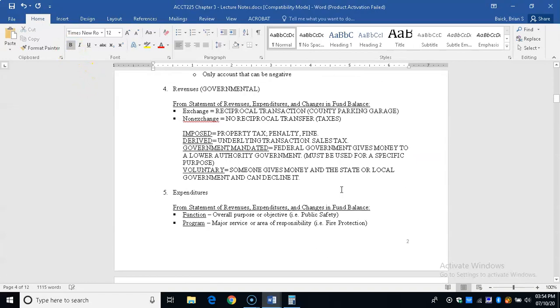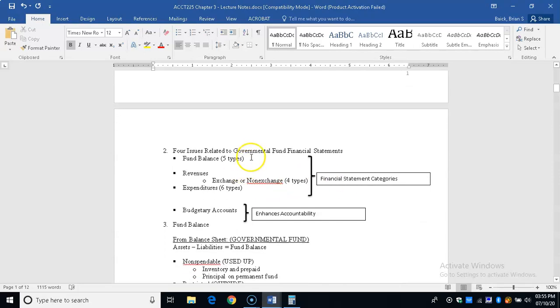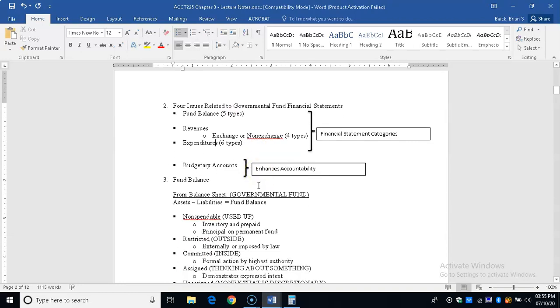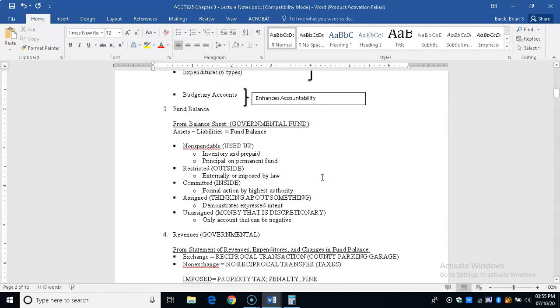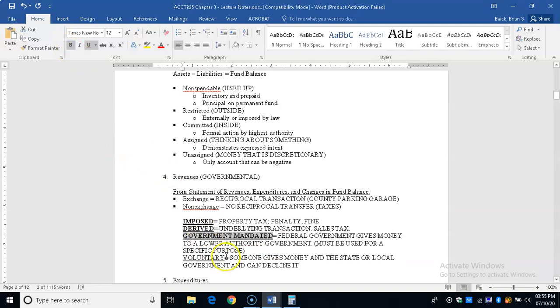Okay, so you can see in this chapter, chapter 3, what you need to know is basically summarized here. Make sure you know the different types of fund balances that you can have. Right? You can have non-spendable, restricted, committed, assigned, unassigned, which is listed here. Make sure you know that revenues can be either exchange or non-exchange, and the non-exchange revenues are imposed, derived, government mandated, and voluntary.